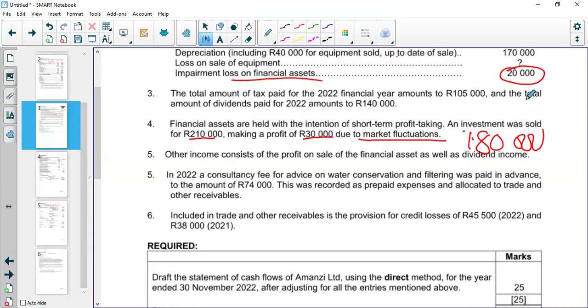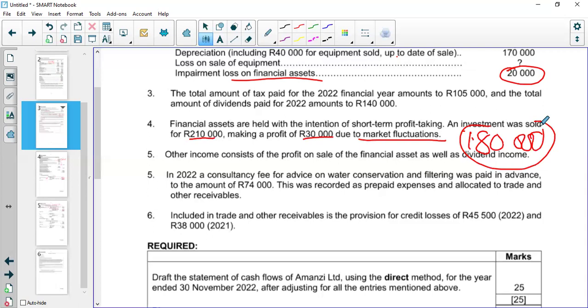If we sell something for 210 and make a profit of 30,000, it means that the carrying amount of that thing was 180. So the carrying amount is the amount at the beginning of the year that we had.